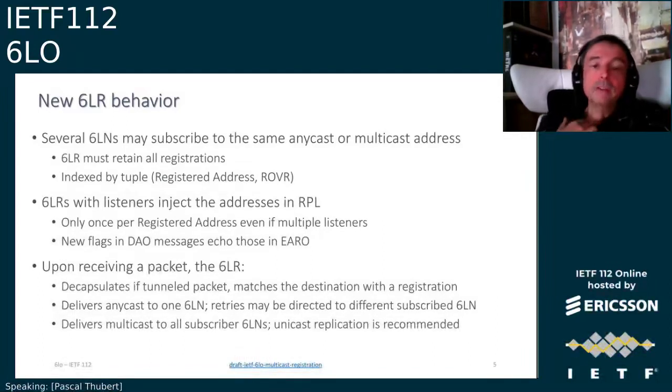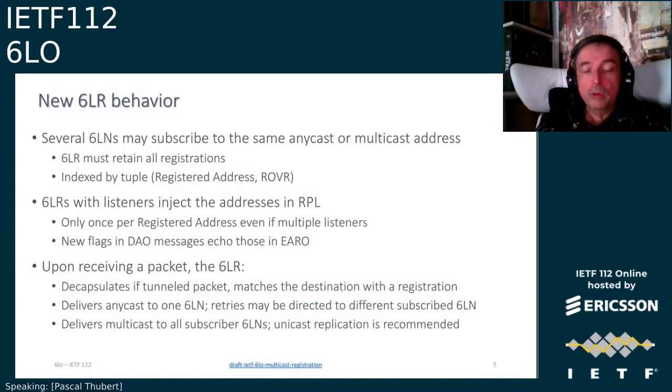So 6LR and 6LBR must retain all registrations and index them by tuple registered address and ROVER. As I said, they will inject the addresses in RPL. That can be any of the existing modes, and that can be the new mode.